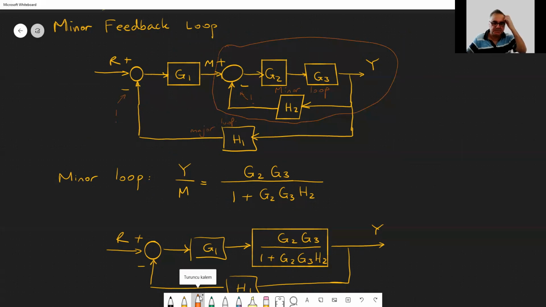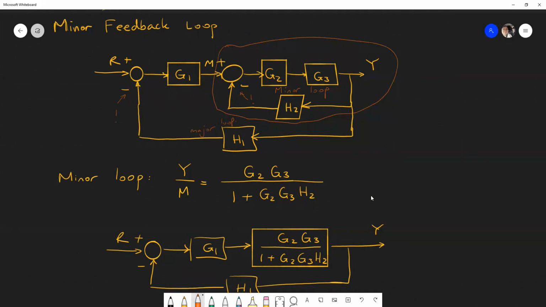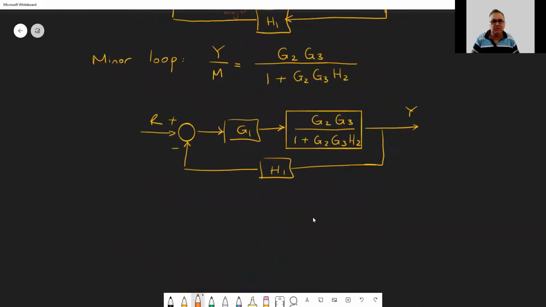Okay. So I have reduced that and put it inside this box. Now we have another feedback loop, which we can reduce again. So it is the closed loop transfer function, which we will call T(s), which is Y of s over R of s, will be the following.